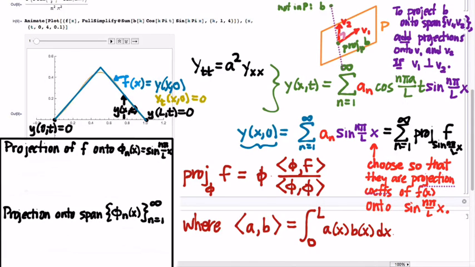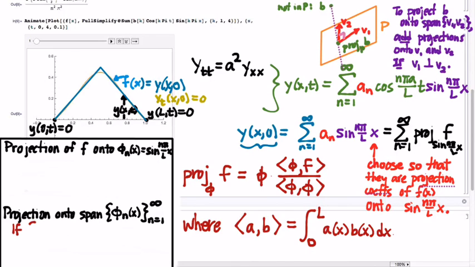There's a reason that I have you do parts A and B before you do parts C and D on the homework. If you want to do that same thing in the realm of projecting functions onto other functions, you can, as long as the functions onto which you're projecting are mutually orthogonal.